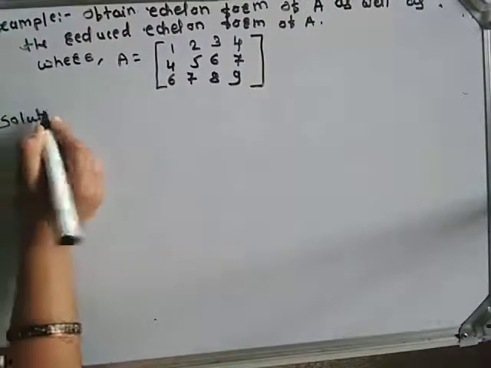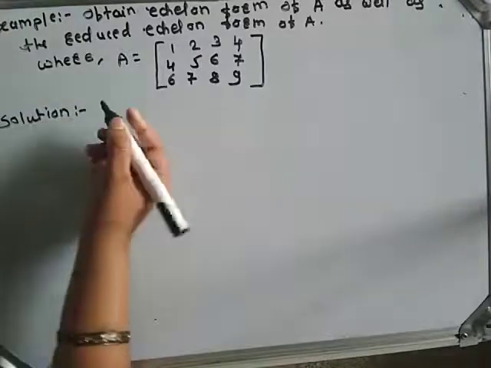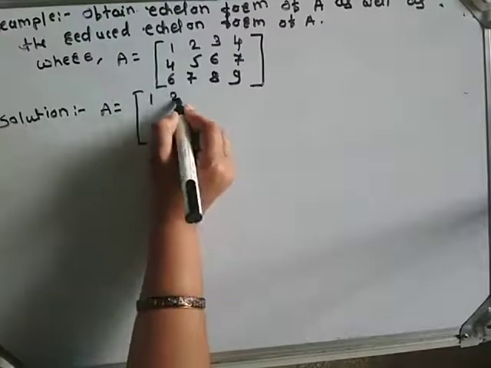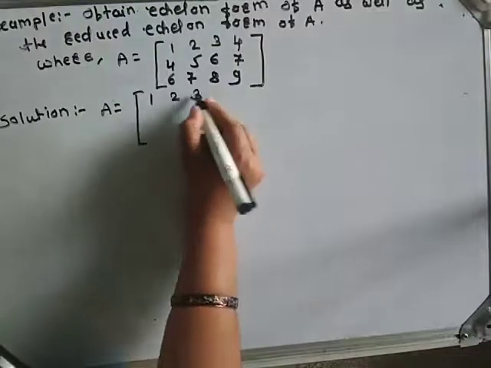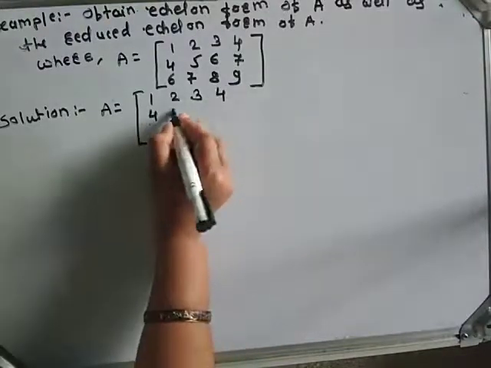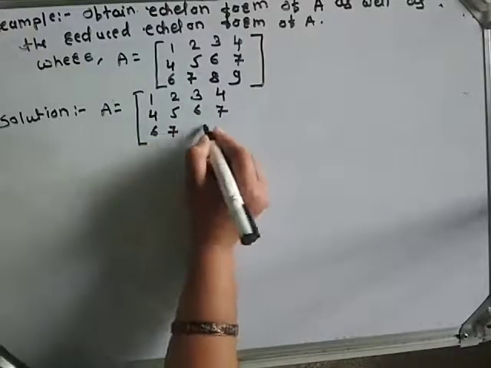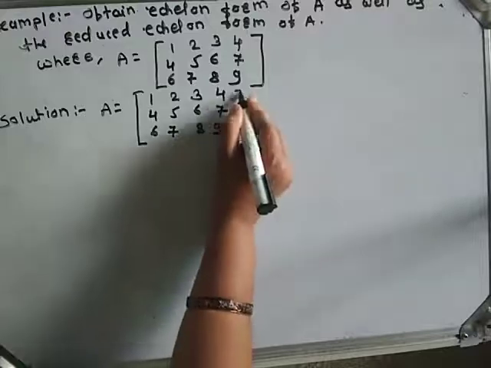Solution: A is equals to matrix 1 2 3 4, 4 5 6 7, 6 7 8 9.